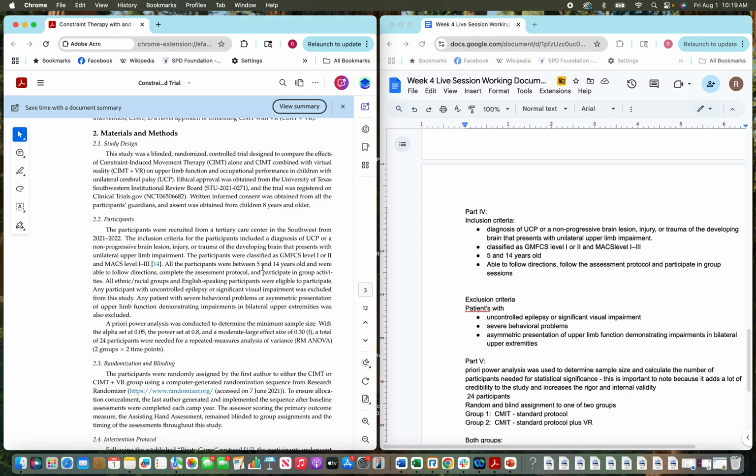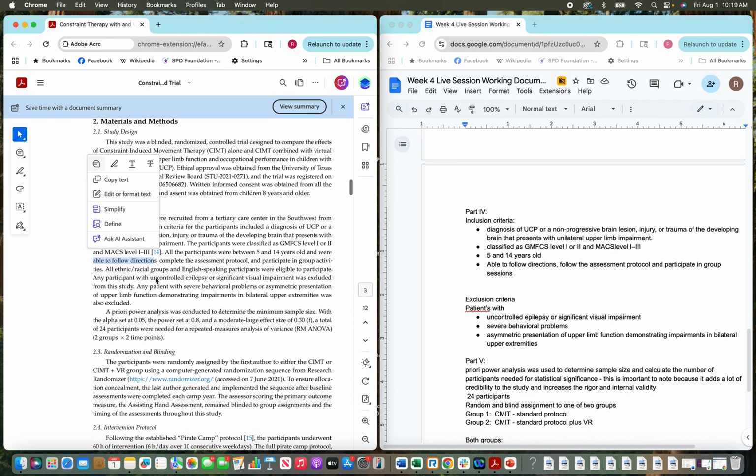They had to be between 5 and 14 years of age. They had to be able to follow directions and complete the entire assessment protocol and all the group activities. Okay, I didn't put anything about ethnic or racial groups or English speaking because they didn't have to be included. That's just a statement.